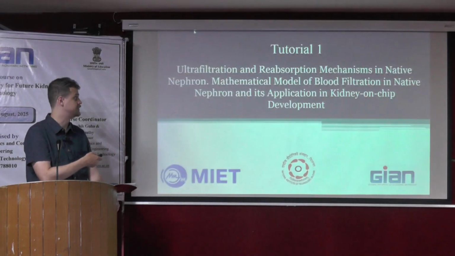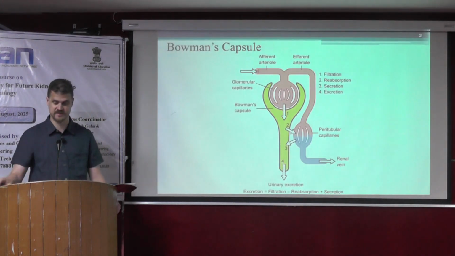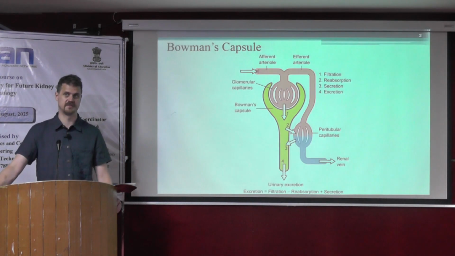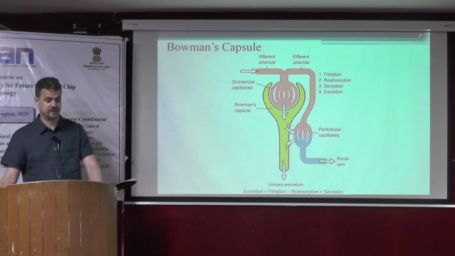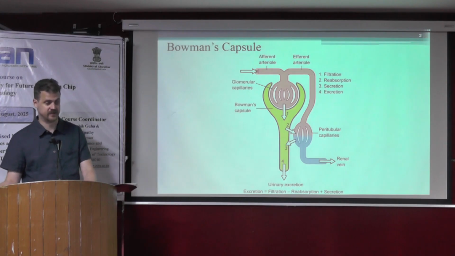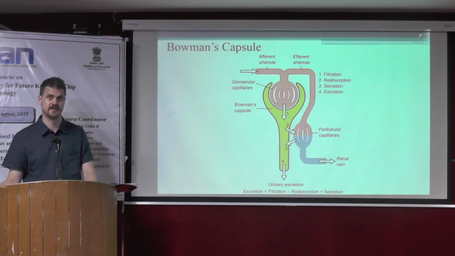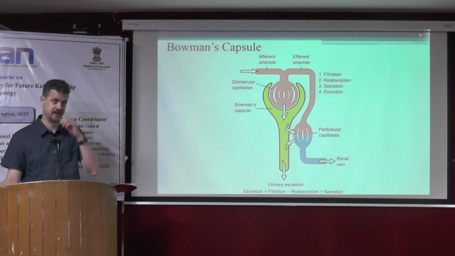The topic of this tutorial is so broad that it's basically impossible to cover all problems that exist in mathematical modeling of the working of the native nephron in the native kidney, because there are a lot of issues like the active ion transport during reabsorption. There are also many issues about modeling the countercurrent transport in the loop of Henle, and there are multiple approaches to how we model that.